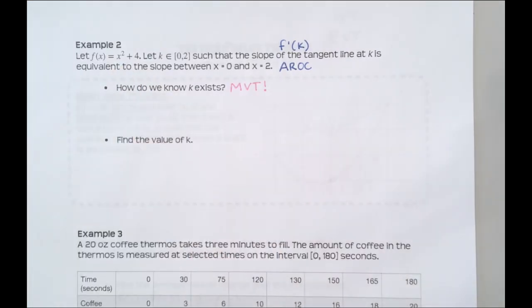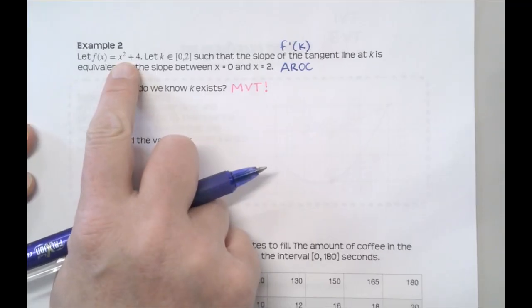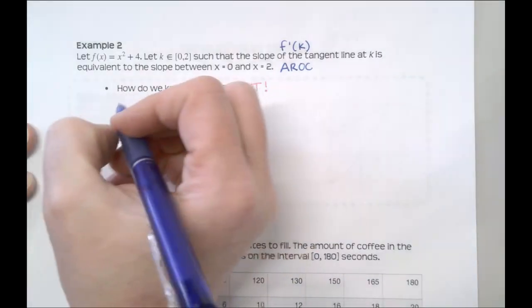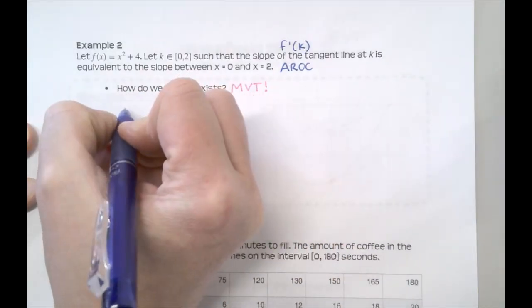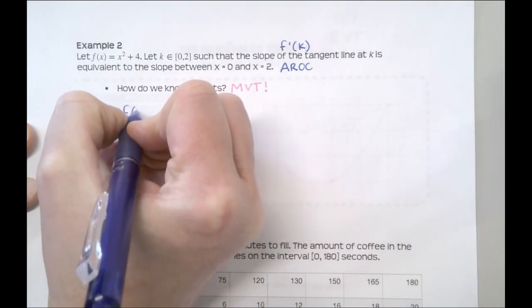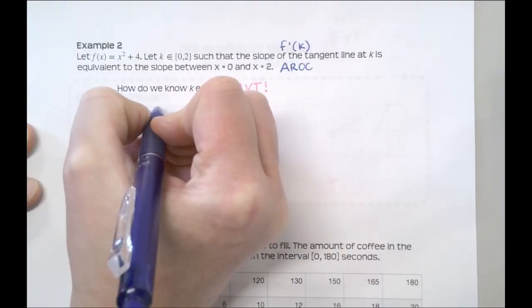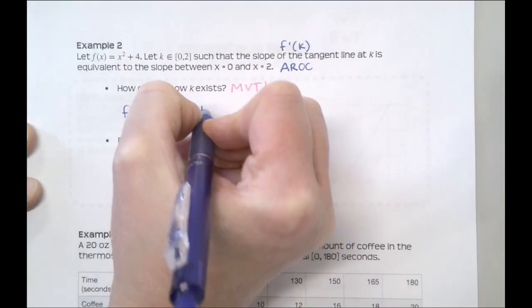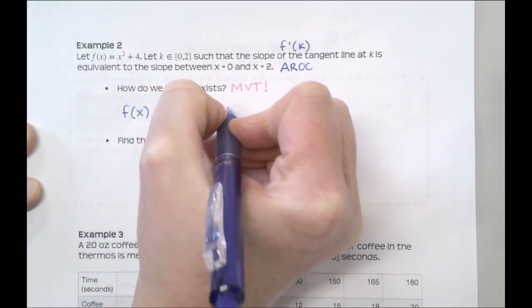It's a polynomial, right? So it has to be continuous. And then also, the derivative exists. We can take a derivative of this thing anywhere we want. There's no place that we have to worry about a derivative not existing. So we know that k exists because f of x is continuous and differentiable.